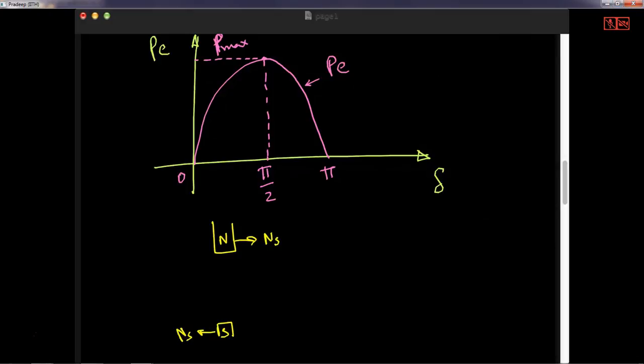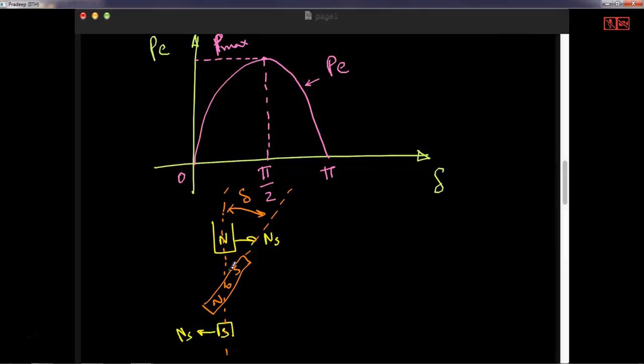Now the rotor, if you consider this as a generator, will be accelerating. So this is my axis. This is the south pole and north pole of the rotor, and the angle between these two is on the x-axis of this graph.